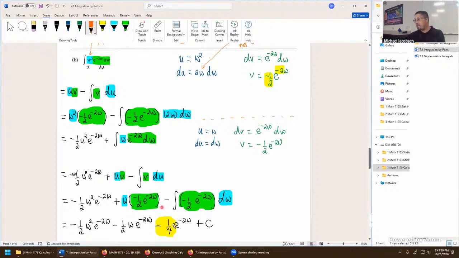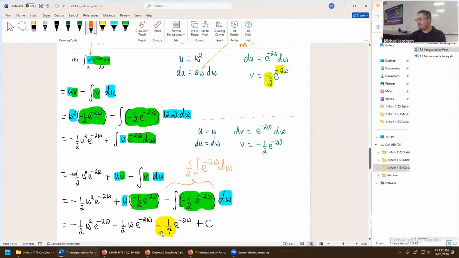Just for the sake of clarity, especially if you come back to the notes, the way I visualized it was that whole piece is really 1/2 as a positive out front, e power negative 2w, dw. And when we solved that antiderivative, we had to multiply by negative 1/2 again, which gave us the negative 1/4 altogether.